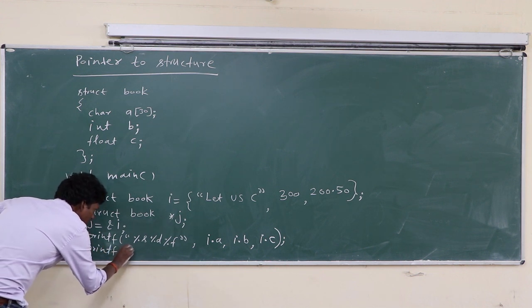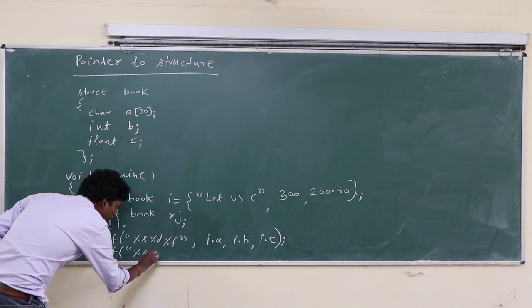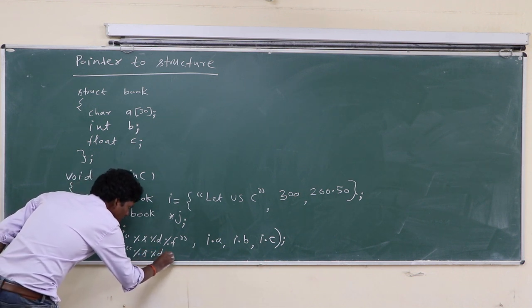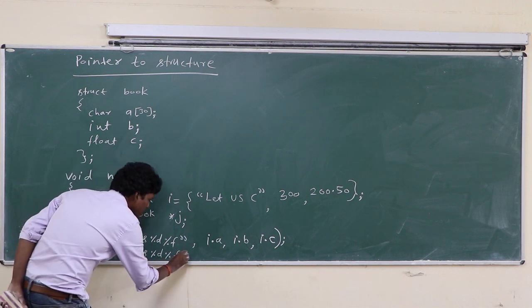Printf here %s for the name of the book, %d for the number of pages in the book, %f for the price of the book.